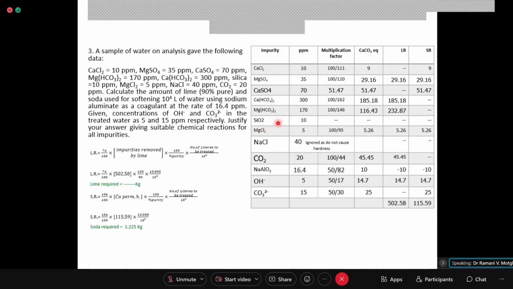Okay, SiO2 is there, and how much is SiO2? 10 ppm. Okay, now this SiO2 is something which is not causing hardness, but it is the sludge or the sediment part. Then MgCl2 is 5 ppm, NaCl is 40 ppm, then carbon dioxide is 20 ppm.